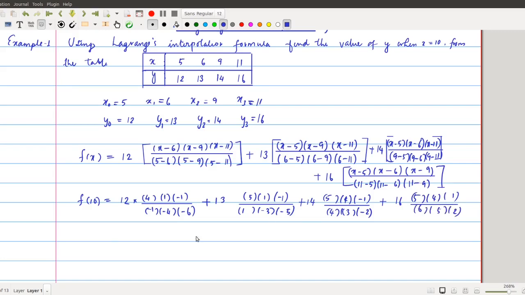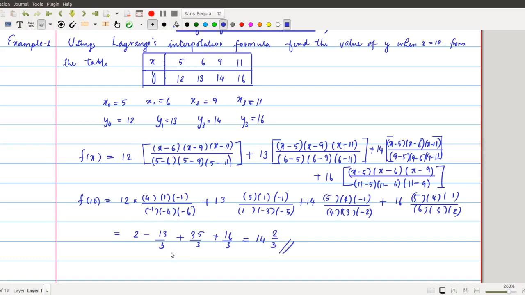This comes from the last term. Okay. When you simplify this, you can get 2 minus 13 by 3 plus 35 by 3 plus 16 by 3. So please verify these numbers from the previous expression. So this is equal to 14 and 2 by 3. So this is the value of f of 10.